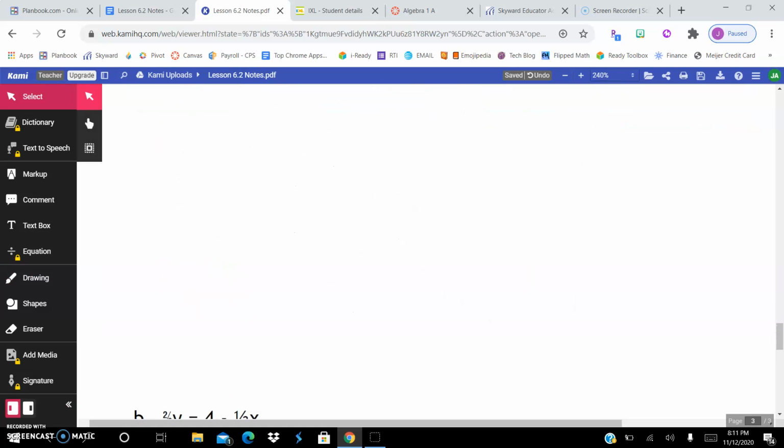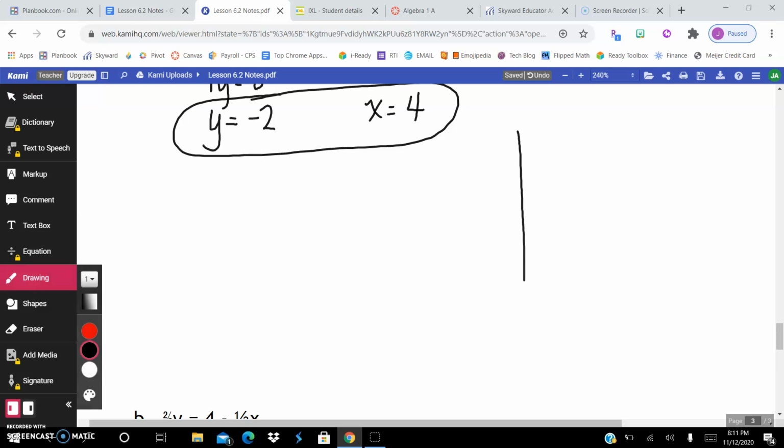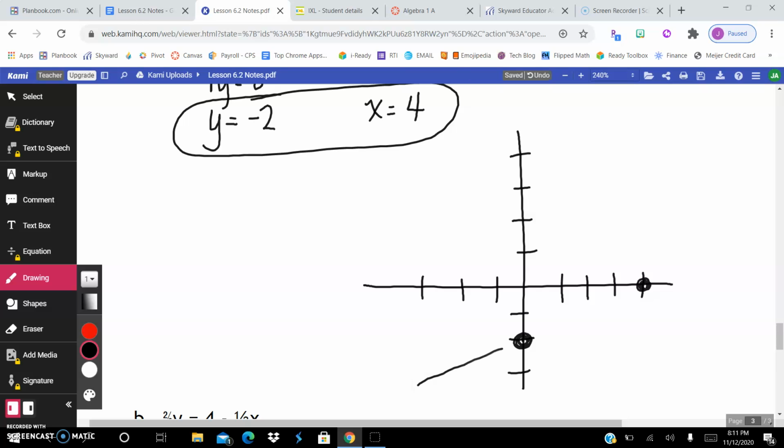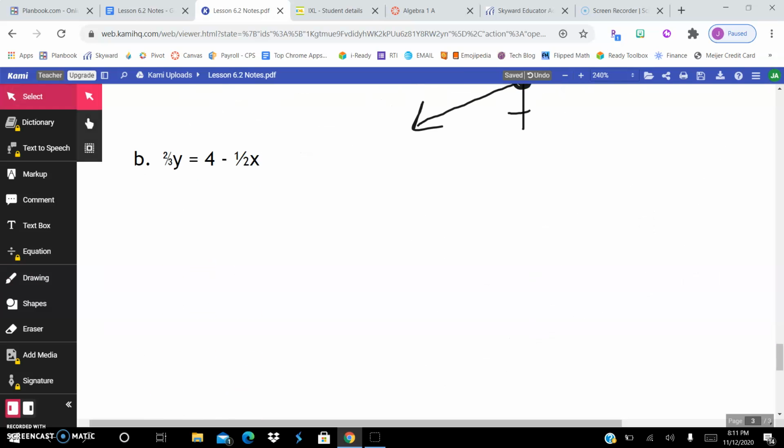Ooh, and we got to graph that, I guess. I forgot that part. So y is -2, so here's -2 on the y-axis, and x is +4, so it's over here. And then we just draw our line through those 2 points.